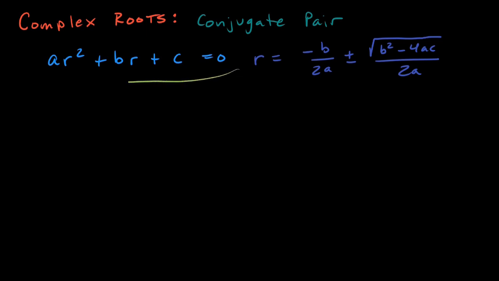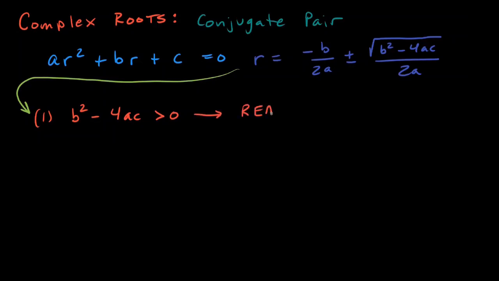So let's take a little bit closer look at what's going on with this quadratic formula. If we look at the term under the square root, we're going to have three cases that can occur. One of them is that b squared minus 4ac is greater than 0. And that's going to lead to our real distinct roots, right?